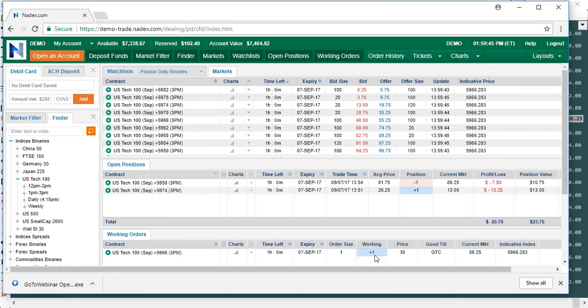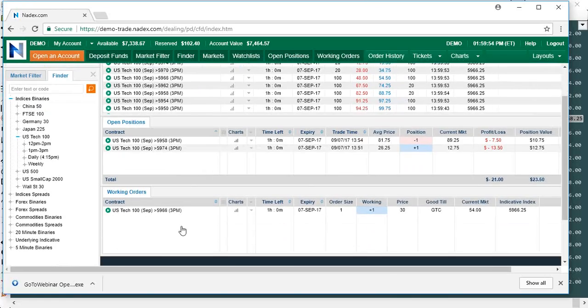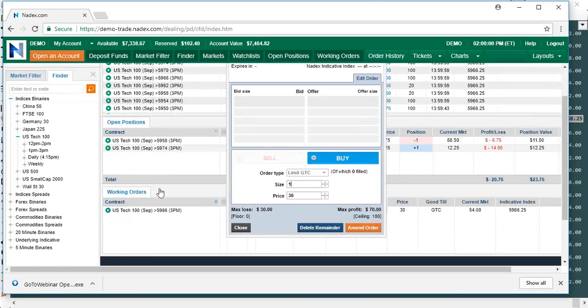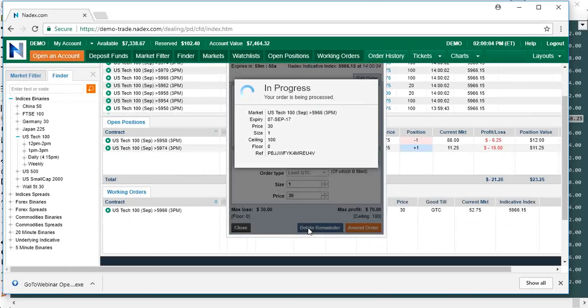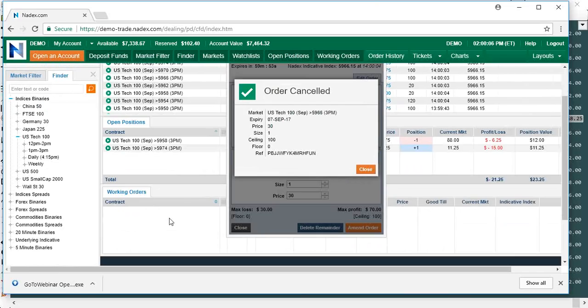And they went in right away. So that's a working limit order. Make sense? If I decide I don't want that order anymore, all I do is click it right there. It opens up the ticket, and I can just say delete remainder, and it's gone. See that? I don't want that order anymore.